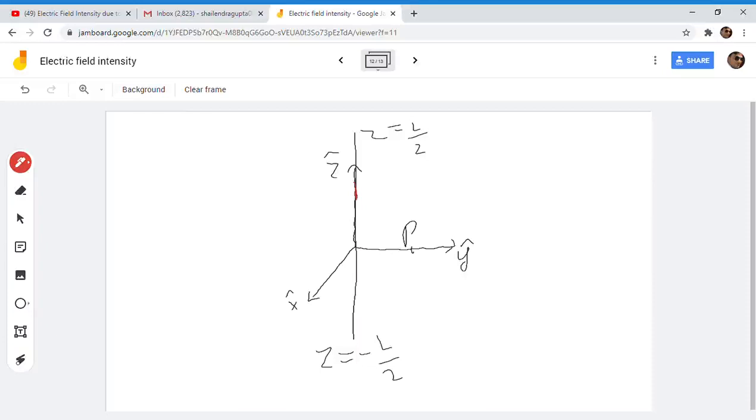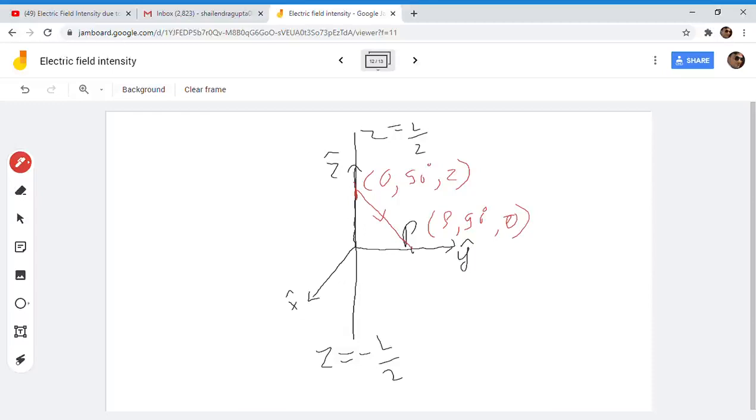Let us say this is the differential charge, and we need to calculate the electric field at this point P. Okay, so let us say this point P is at rho, 90 degree and 0. And this differential element is at 0, 90 degree and z.